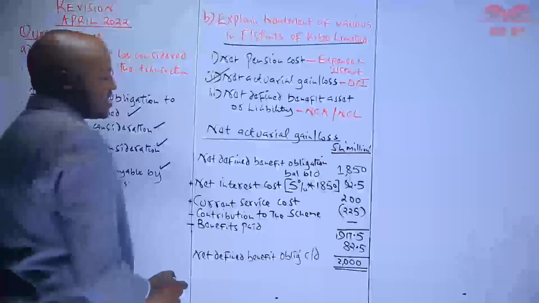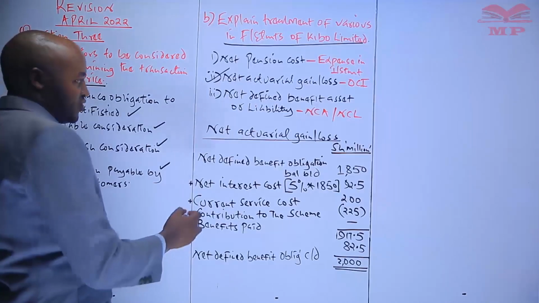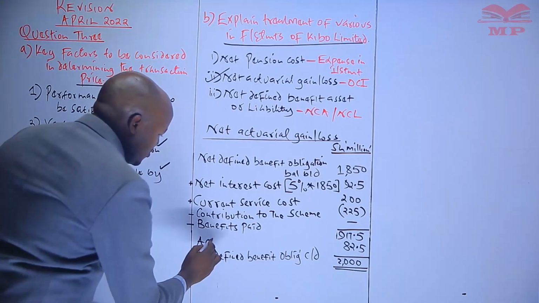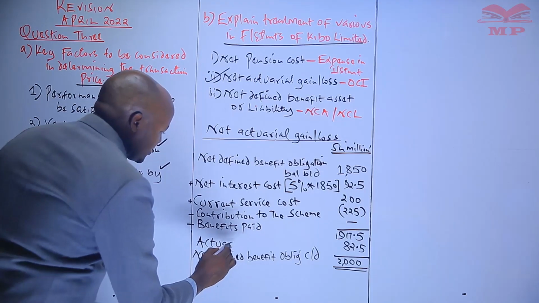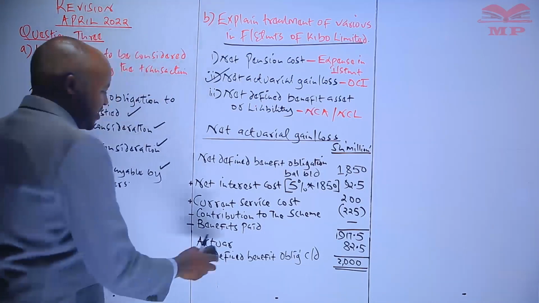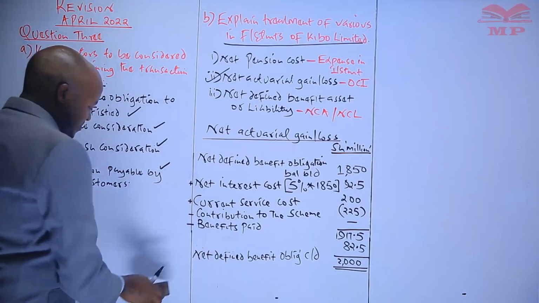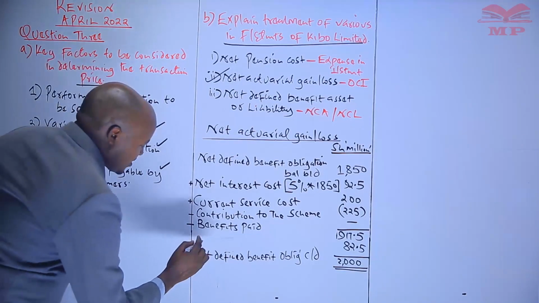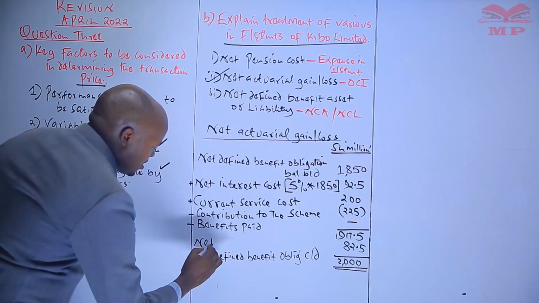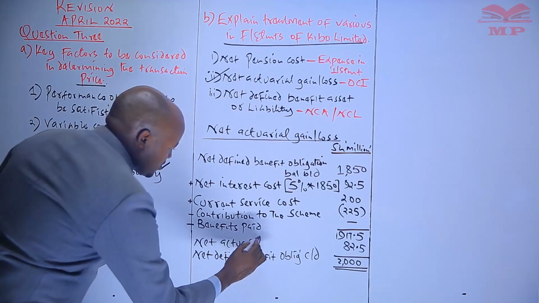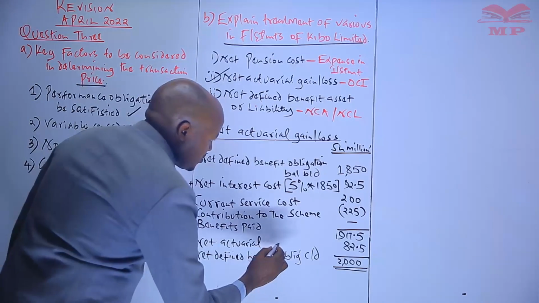82.5, and because this is an increase, and we have said that this is a liability, anytime the value of a liability increases, that automatically is a loss. In this case, we are going to refer to this as the net actuarial loss.